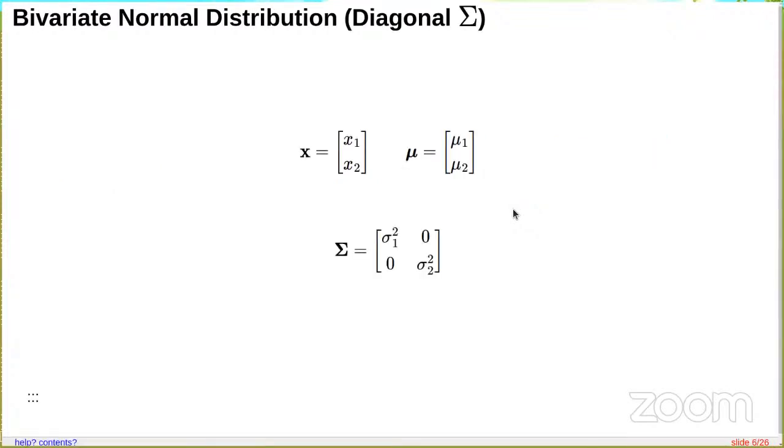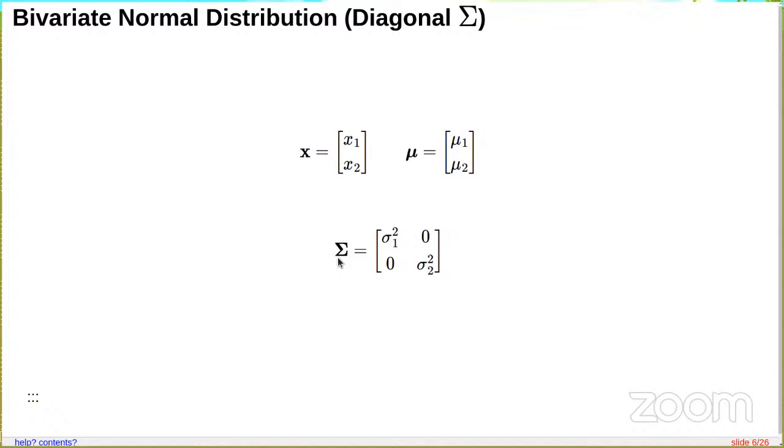In order to understand things, it's always easier to look at only two features. When you have two features, this becomes a bivariate normal distribution. The particular case that we are going to look at is when the covariance matrix is diagonal. We'll come to what it means.